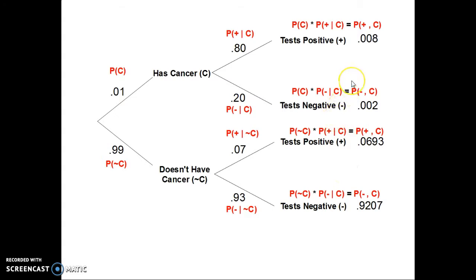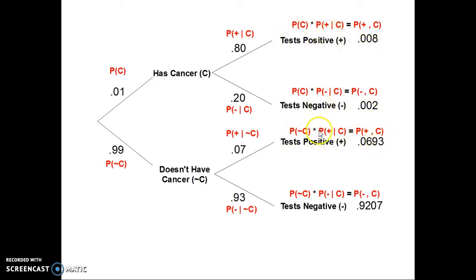Now, finding the probability that you have cancer given that you test positive based on this information is now pretty easy, right? Because this is our joint, testing positive and having cancer, over what? Over the probability that you test positive, right? The marginal. That's this one plus this one. This one tests positive, and this one tests positive.